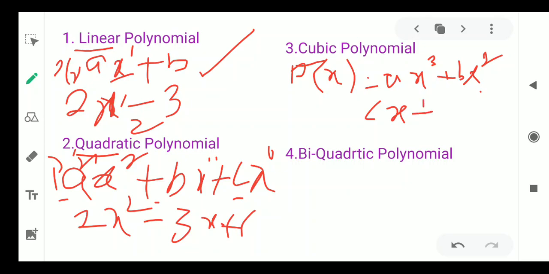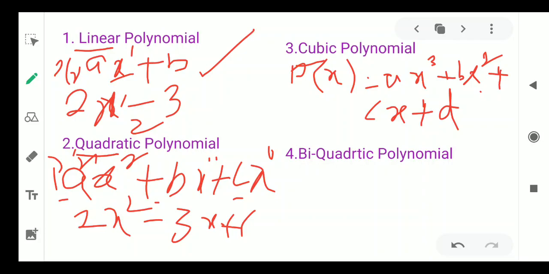Plus at last you have to write a constant. After c, what will come? D will come. So this is the general form. What is the general form of a cubic polynomial? Ax cube plus bx square plus cx plus d. So when we observe the exponents, they are in decreasing order.